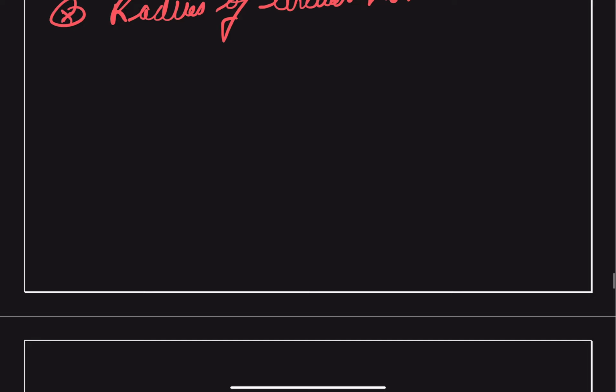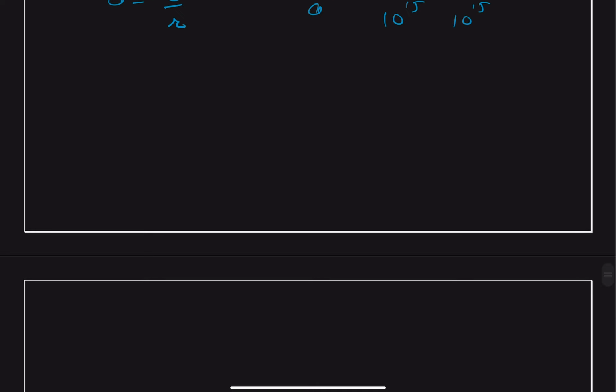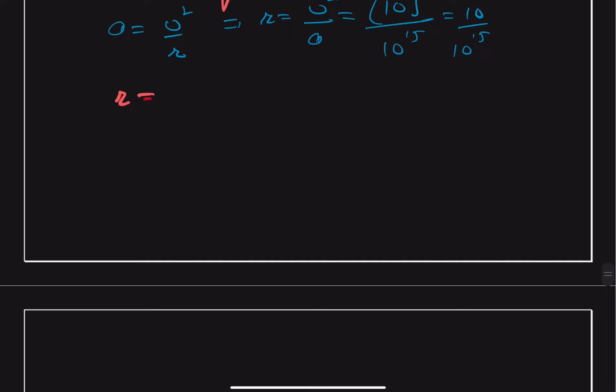From centripetal acceleration, we can say that A is equal to V squared upon R, so R is equal to V squared upon A. We substitute the values: velocity is given as 10 to the power 7, whole squared, and the acceleration we found is 10 to the power 15, so this comes as 10 to the power 14 divided by 10 to the power 15. So the radius is 0.1 meter, or we can say 10 centimeter.